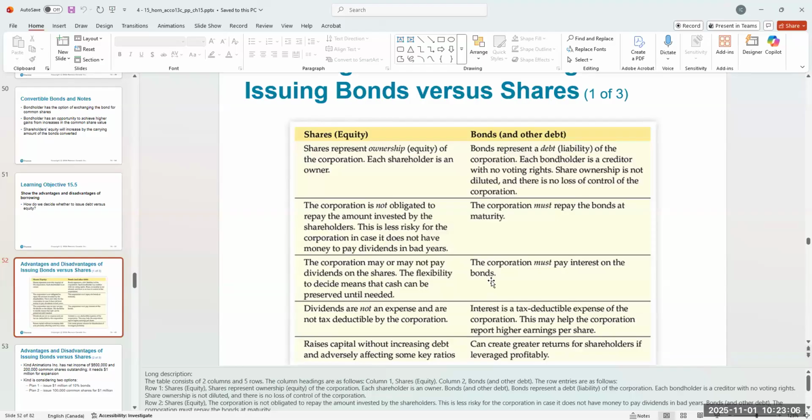Whereas if I lend the money, the company is going to start paying me regular interest. What's interesting with those payments? Dividend is paid after taxes, so dividend is not an expense for the corporation, whereas interest is deductible for tax purposes.